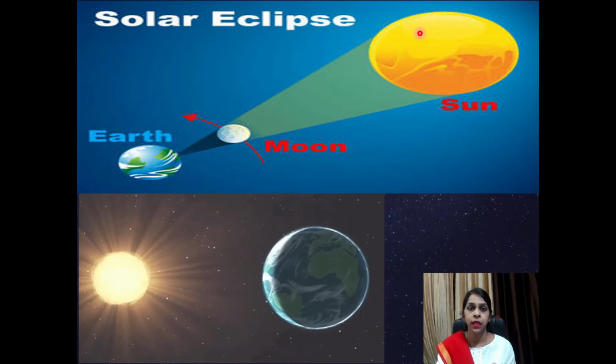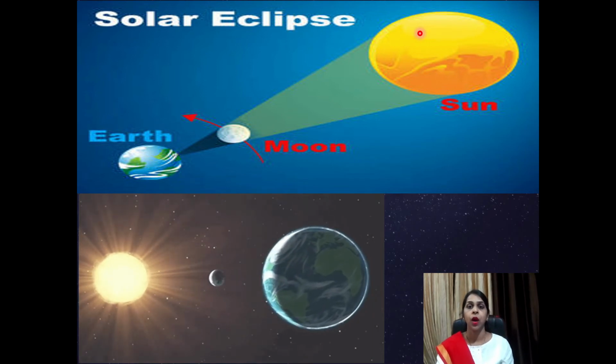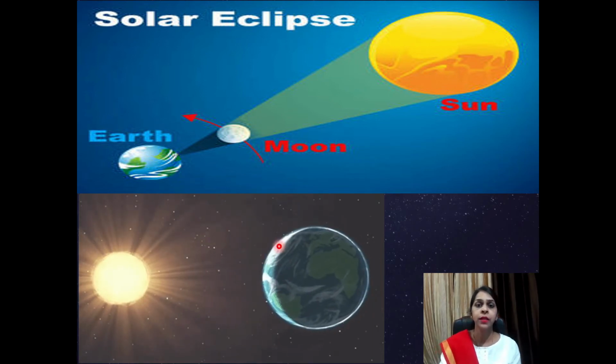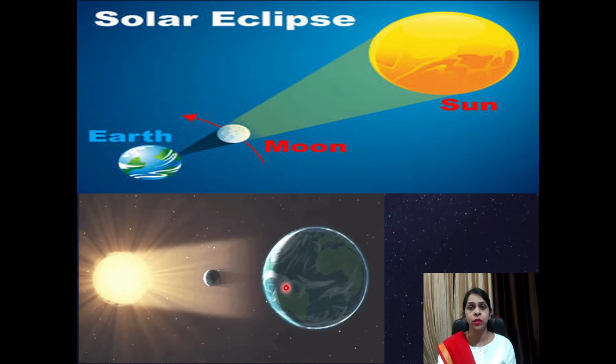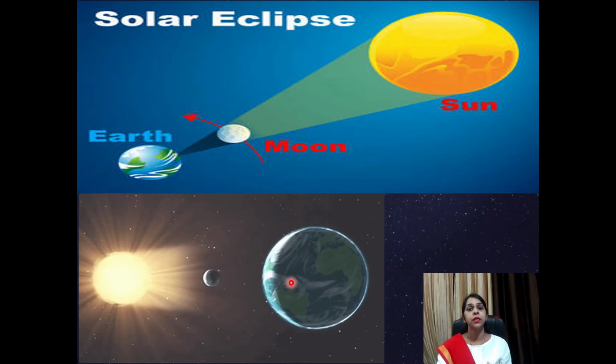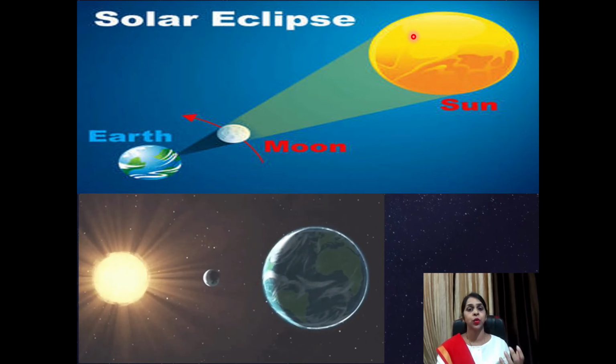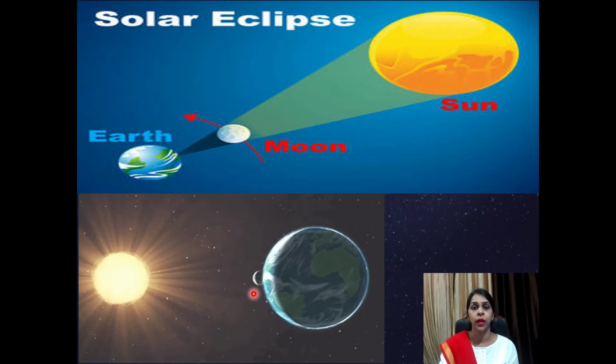This condition is known as a total solar eclipse. While in the region where the lighter shadow is falling, some part of the sun is still visible, making it a partial solar eclipse. This condition is known as a partial solar eclipse.